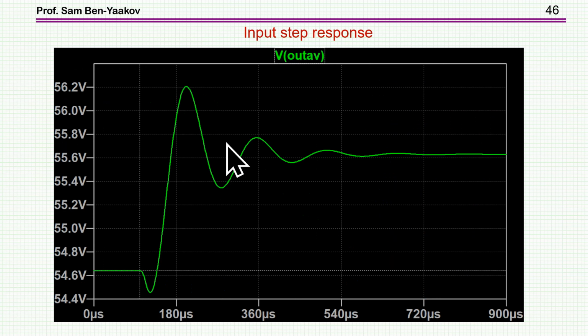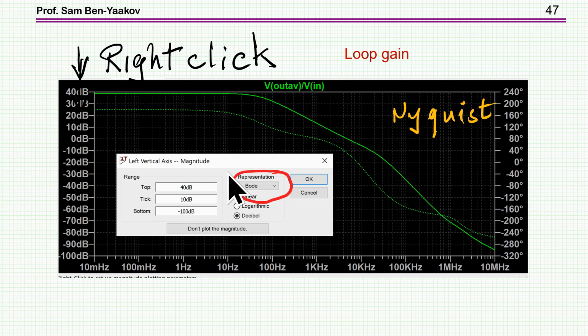And indeed, if you look at it, that's what you see, that we have quite a bit of an overshoot. This is, by the way, due to the right half plane zero, and then we have this overshoot.